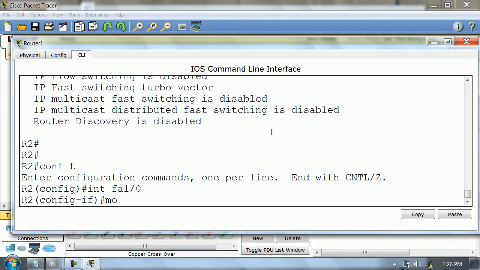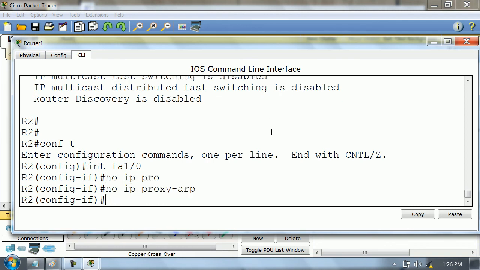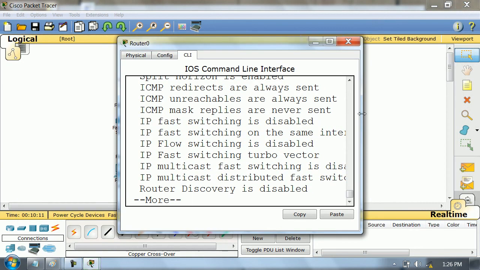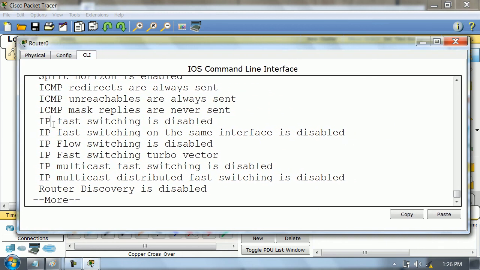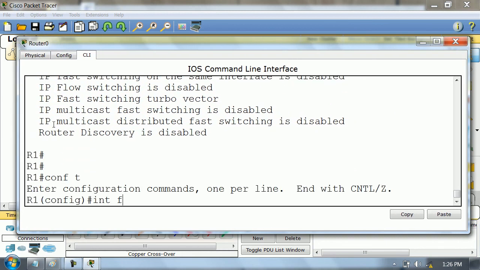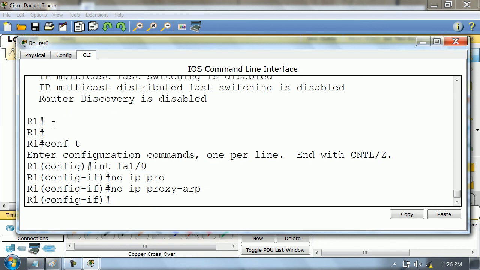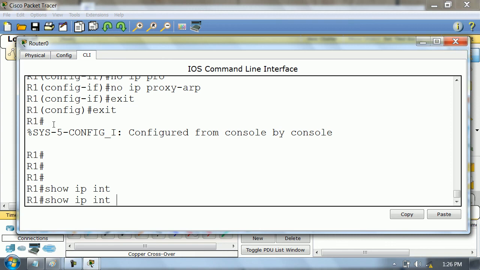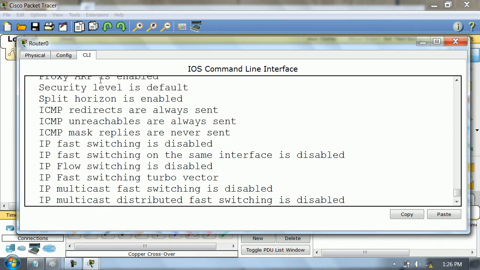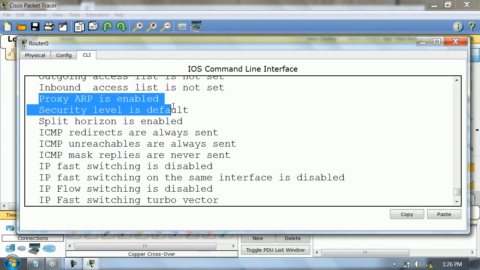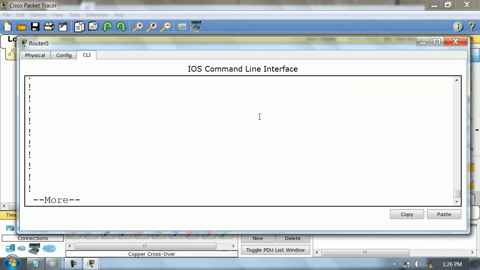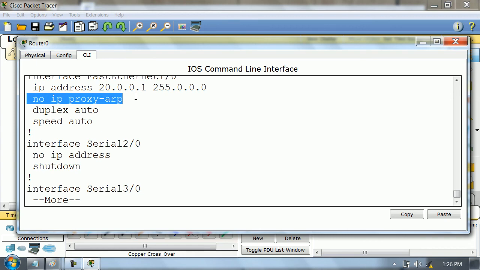No IP. Fine. No IP. Guys, this is a bug in Packet Tracer. Now also if I check, what it will show? Proxy ARP is? I will show you on the real router. Wait for some time. But as I run the command show run, you can check it in show run. I am running the command. Proxy ARP is disabled. Agree?